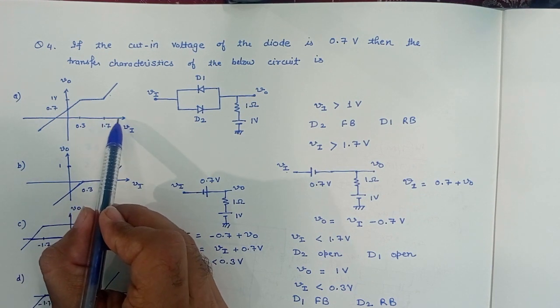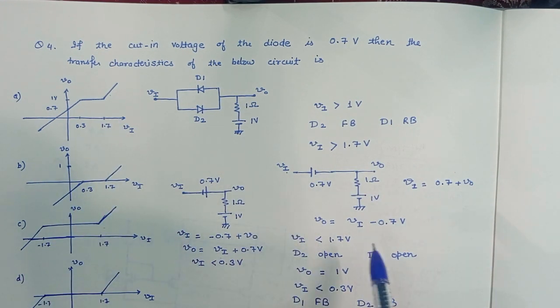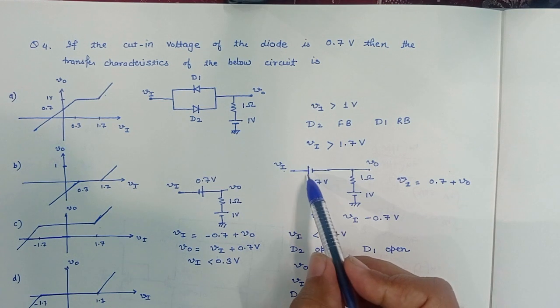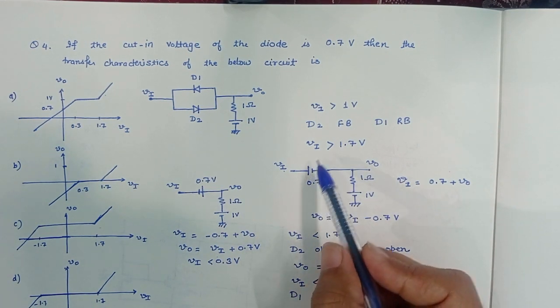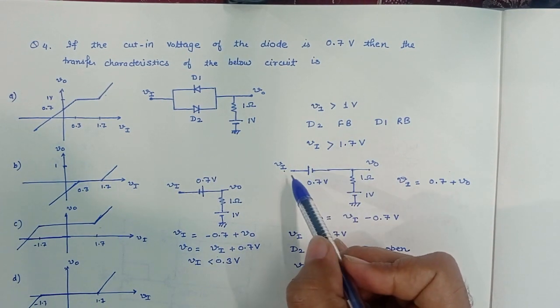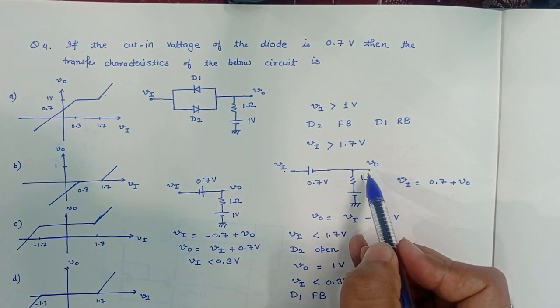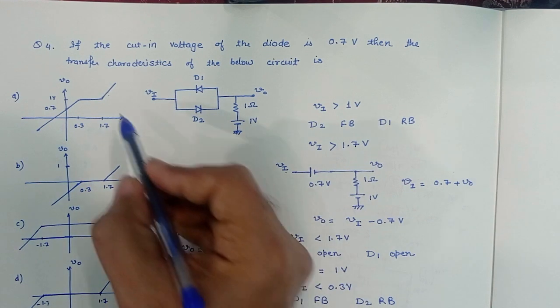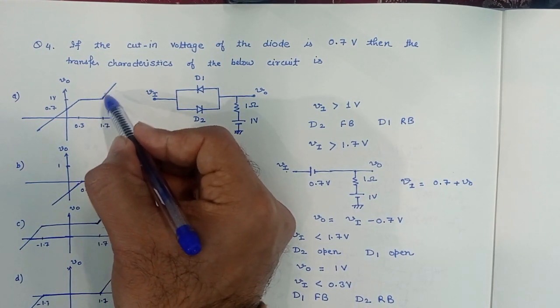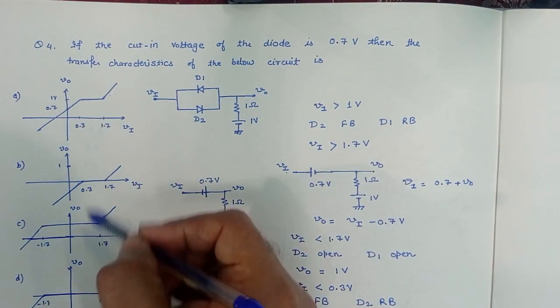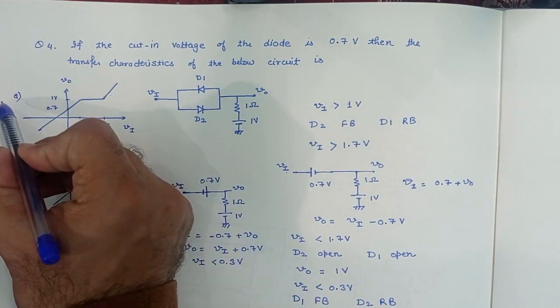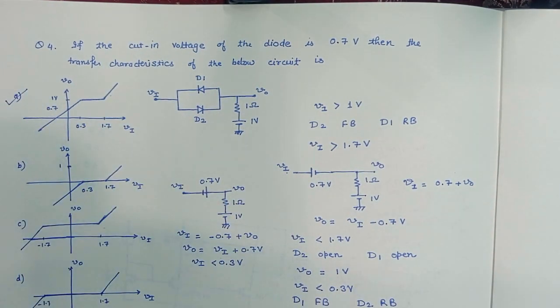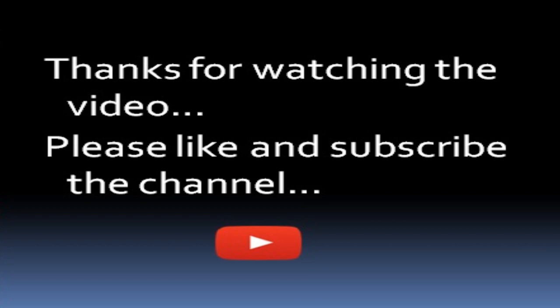Beyond 1.7 volt, again the diode D2 will be forward biased and the output voltage will be following the straight line equation of slope unity. The slope here is unity. So out of these four, this option seems to be correct. Thank you very much.